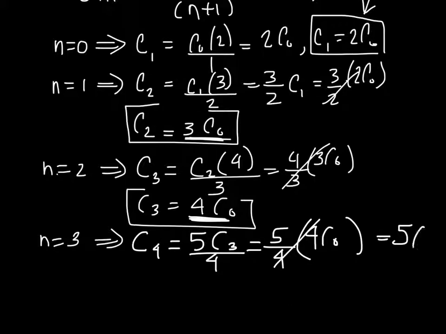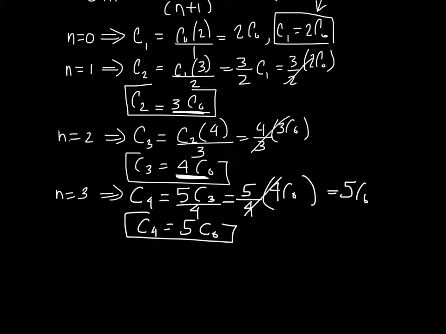We get 5C naught. So C4 is 5C naught. Even if we found just some values, we can continue this process. If you're having trouble seeing the pattern, feel free to find a couple more values.